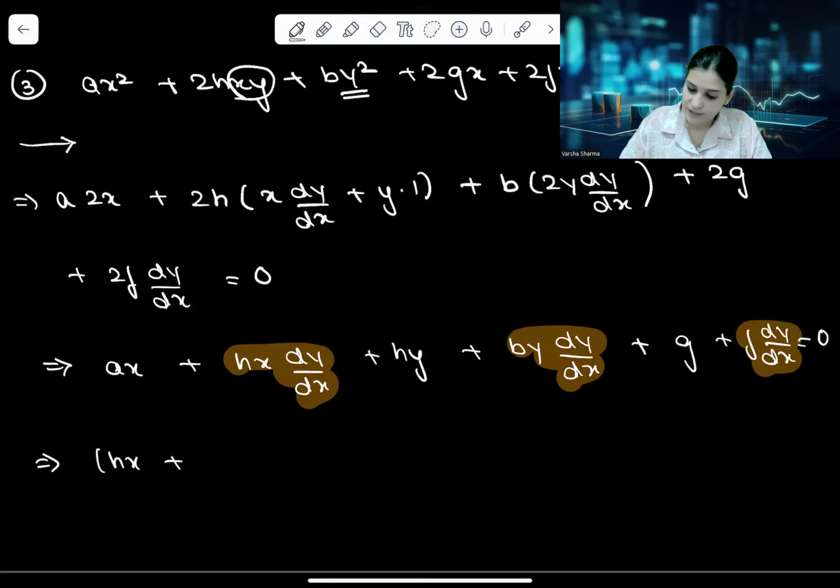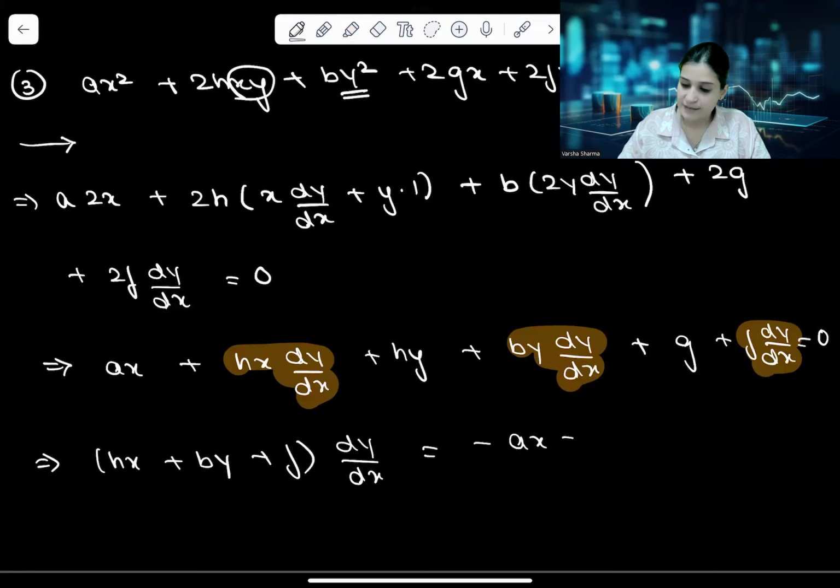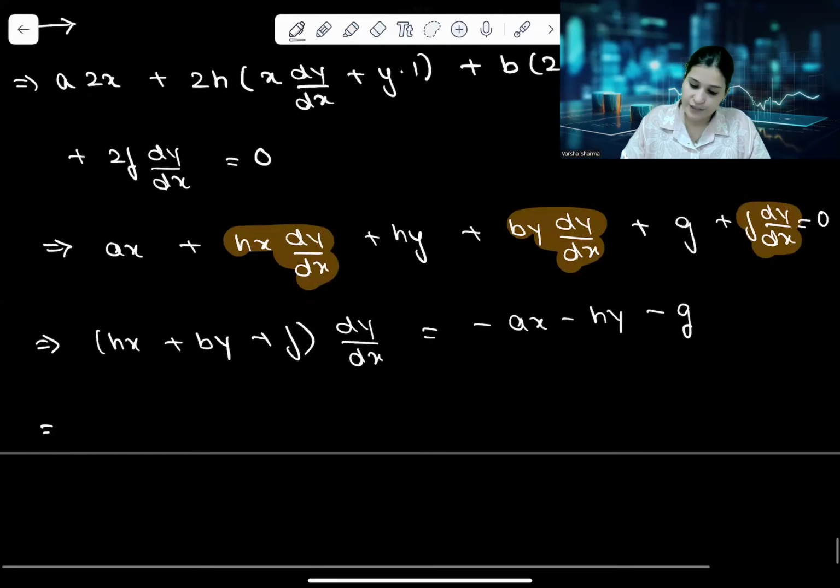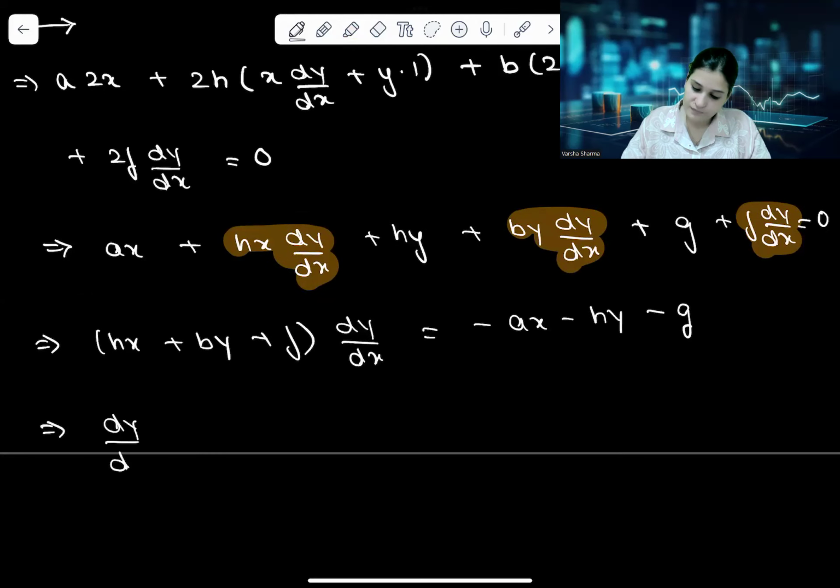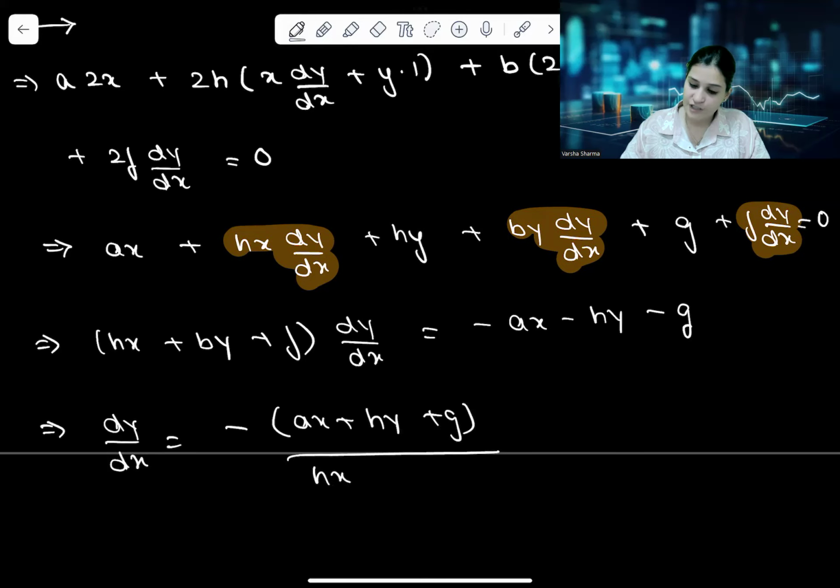So, hx plus by plus f, dy by dx, equals minus ax minus hy minus g. So dy by dx, taking minus common on the right hand side, is ax plus hy plus g divided by hx plus by plus f. Yes, ma'am. Rest of you, all of you done? Yes, ma'am.